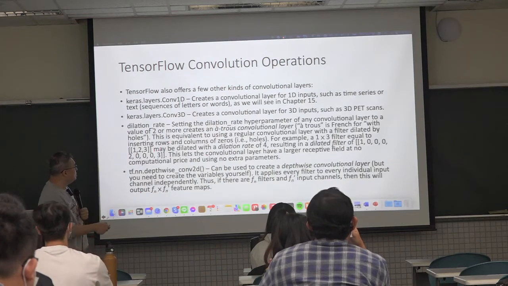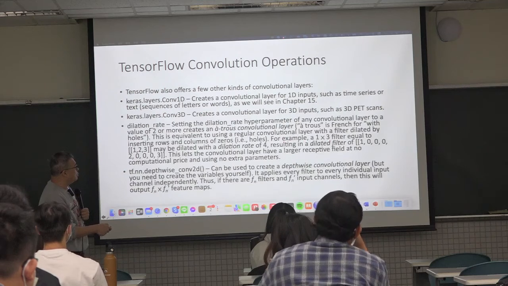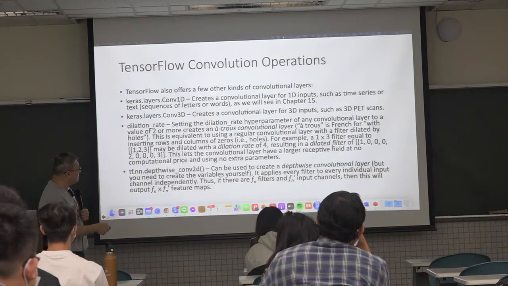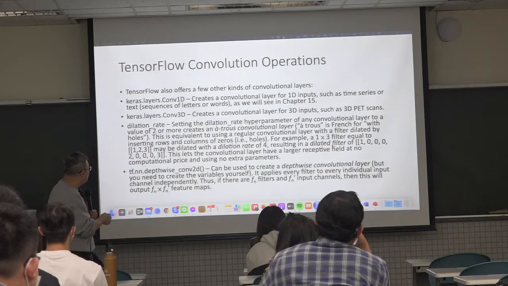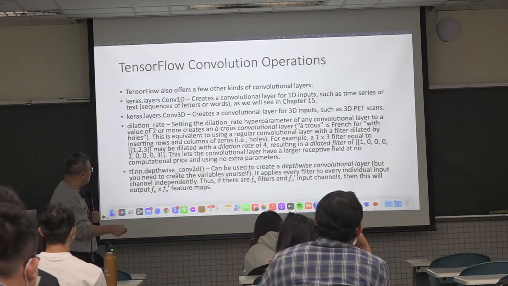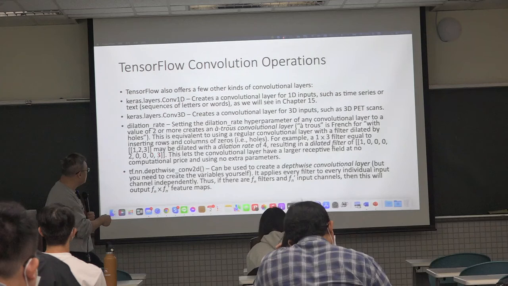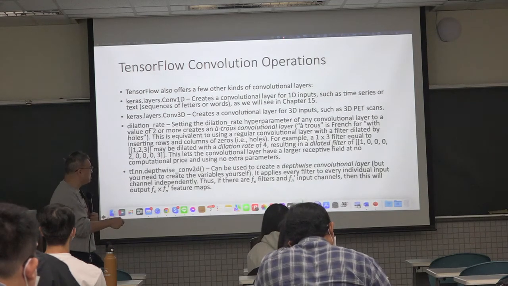For example, a 1 times 3 filter, equal to this one, may be dilated with a dilation rate of 4. If that's the case, you can see the input 1, 2, 3 will have 0s inserted in between 1 and 2, and in between 2 and 3. So the distance between 1 and 2 will be 4, and between 2 and 3 becomes 4 as well, because the dilation rate is set to 4 here.